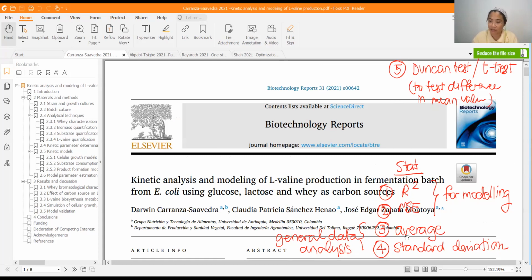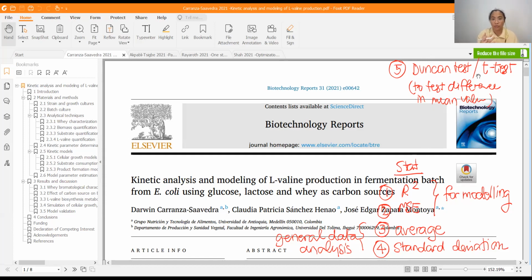After that you have the average and standard deviation, which is the general data analysis. These are descriptive statistics. And also you have inferential statistics, where you do t-test and Duncan test to see the difference in the mean values of the parameters.